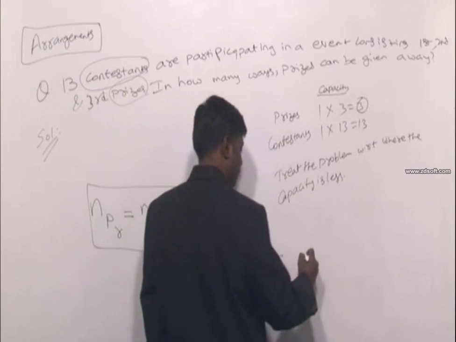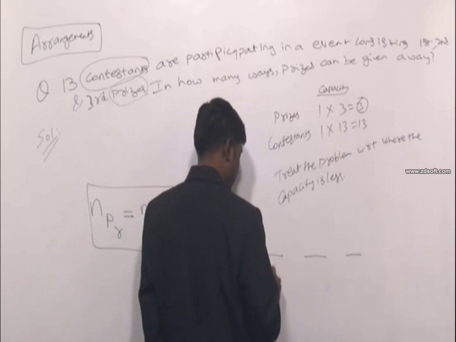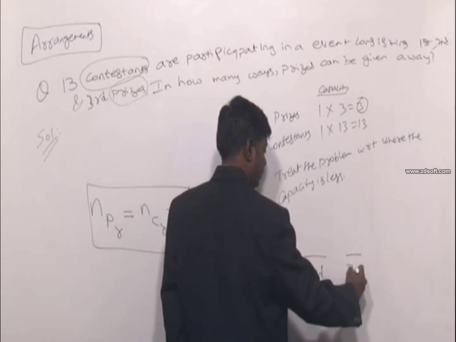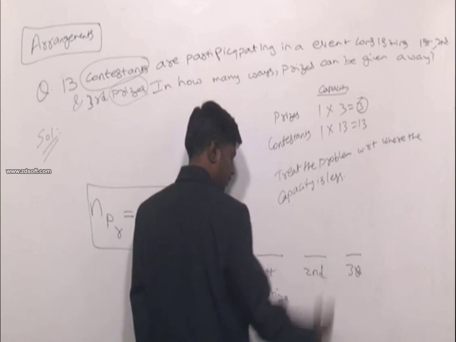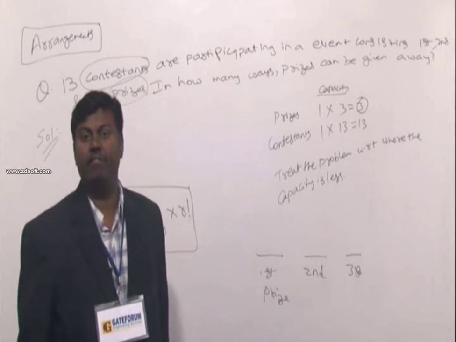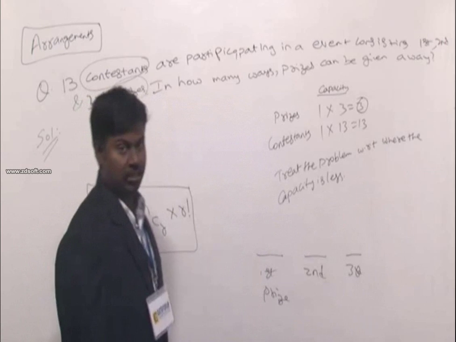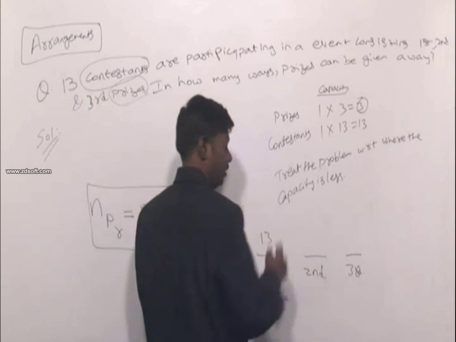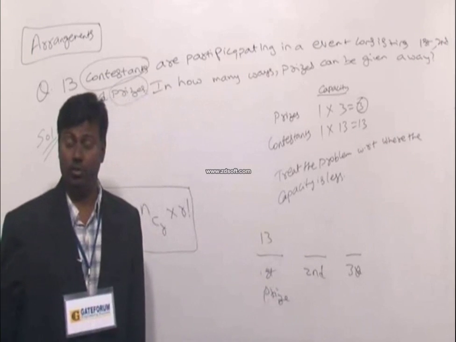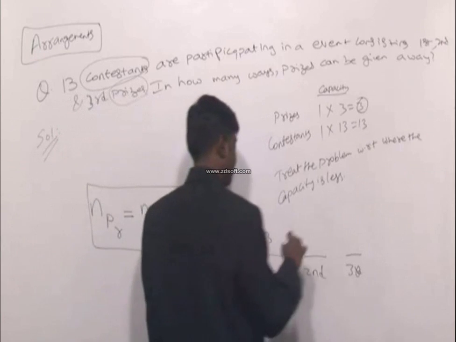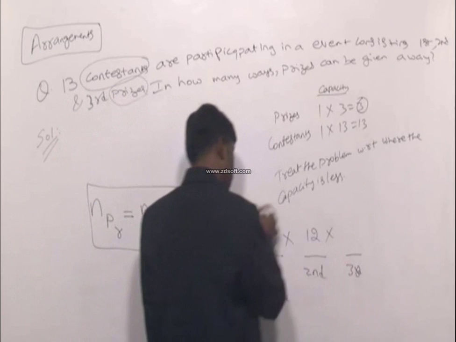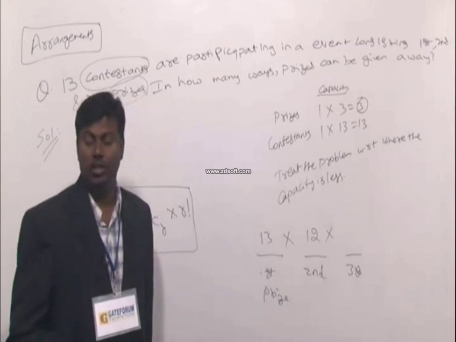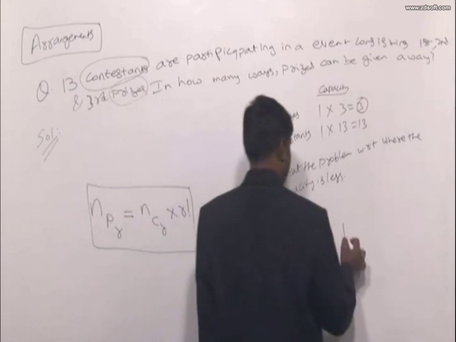So first prize, second prize, third prize. First prize can be given away to any one of the 13 contestants in 13 ways. For each of those possibilities, second prize can be given away in 12 ways. For each of those 13 into 12 outcomes, third prize can be given away in 11 ways.